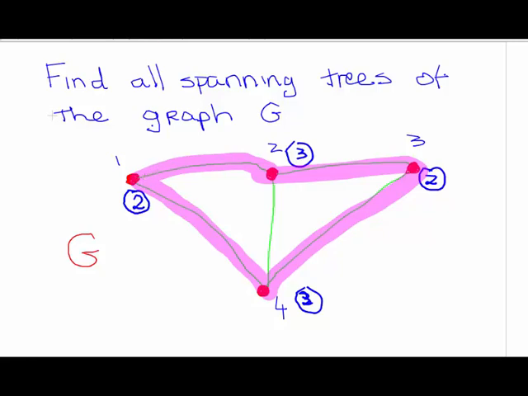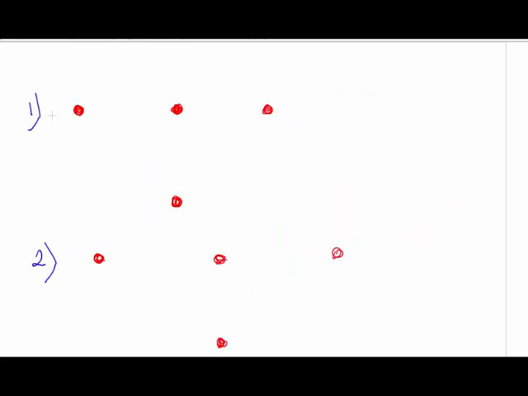So let's look at one here. I have a couple ready. In the first case, what I want is to connect all of the vertices with edges. So 1, 2, and 3. Now, that is 3 edges there, and we have all of our vertices connected.